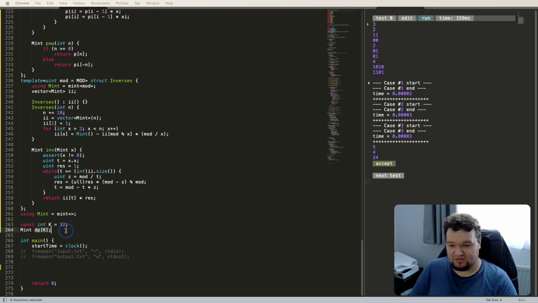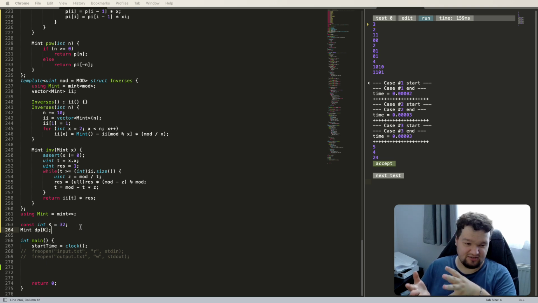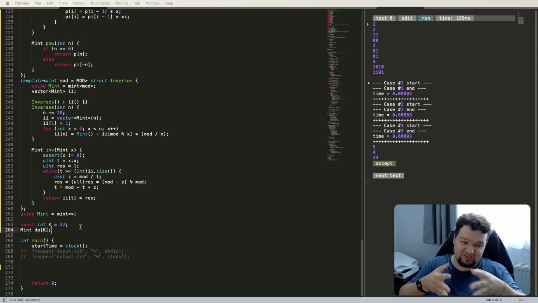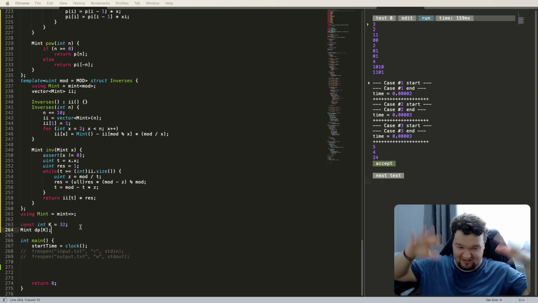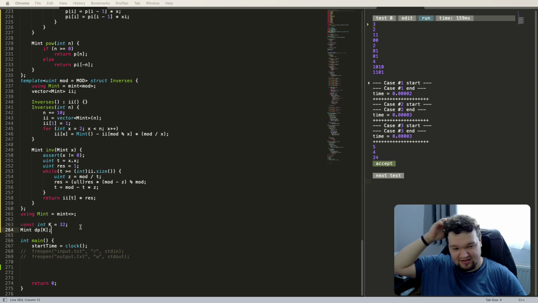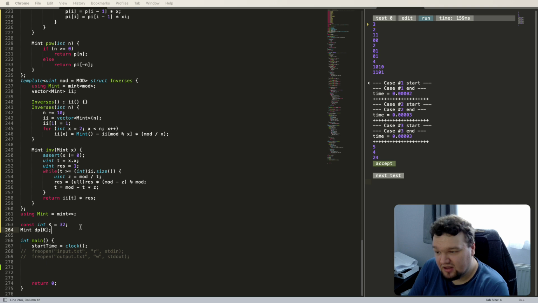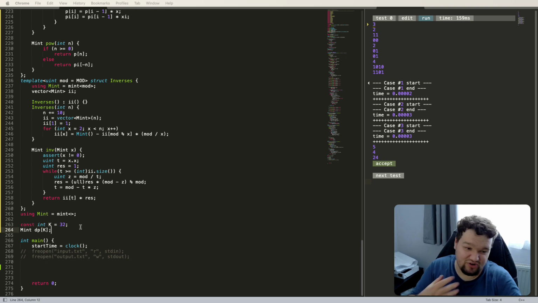Okay, so the idea of what dp k is: if we do an operation with number k and then do all the operations it created recursively, the number of operations will be 2 to the power of k minus 1. But what is the product of all the numbers? That's what we want to calculate.